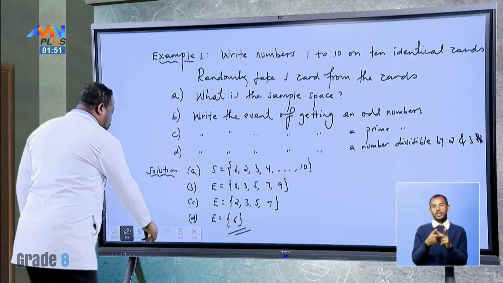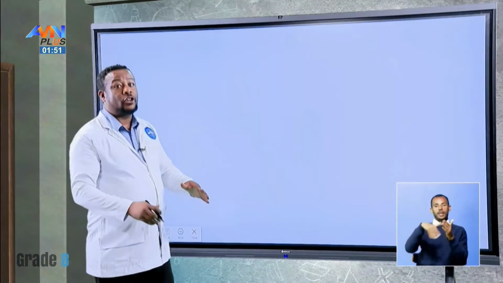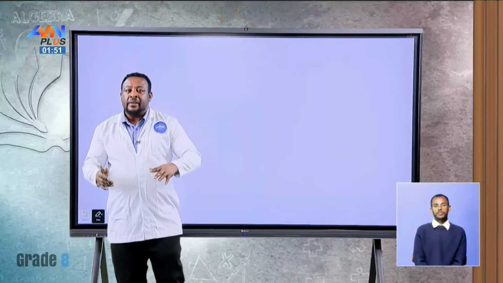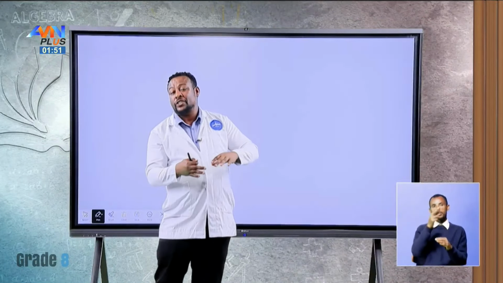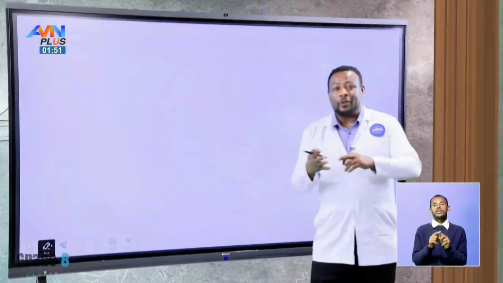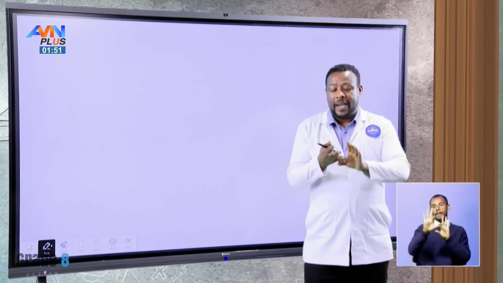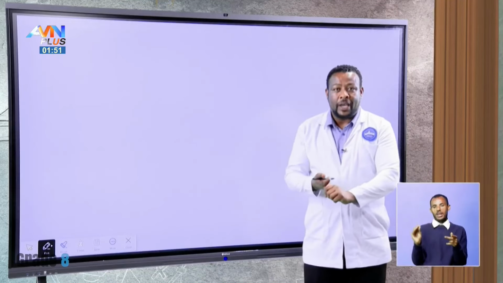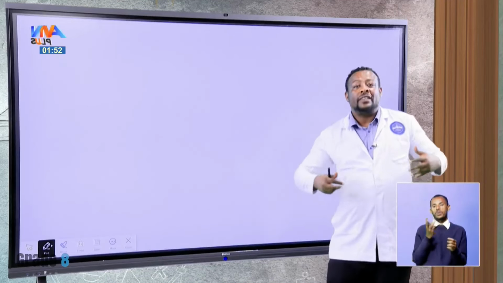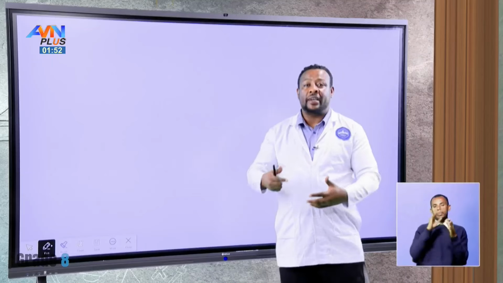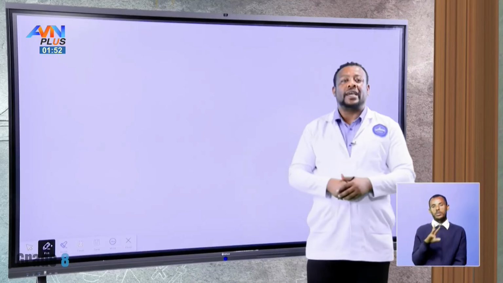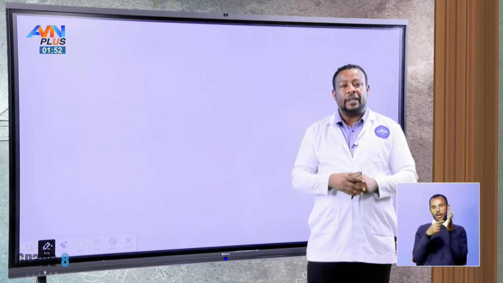Now let's proceed to the next definition in the theory of probability. Earlier, we have seen 3 definitions of terms. The first one was about experiment. The second one was about sample space and events. We used examples to clarify the definitions.